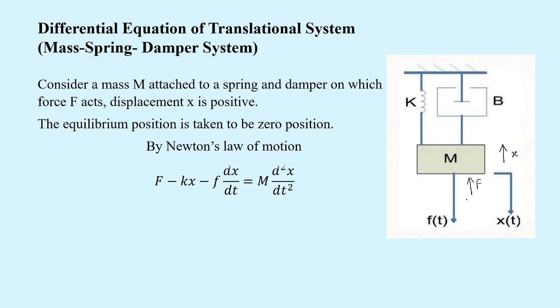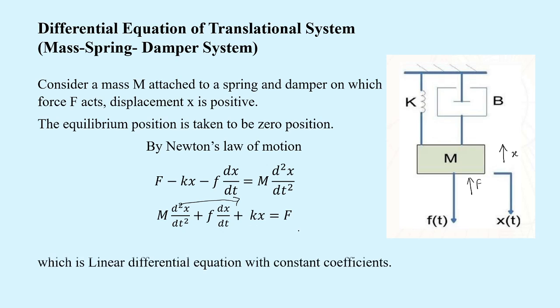Therefore, by Newton's law of motion, we write down F minus kx minus f dx by dt equal to m into d2x by dt square. Now we shift all the terms, these two terms, to the right hand side. Then we get this equation, which is the higher order differential equation with constant coefficient. We denote this as equation 1.